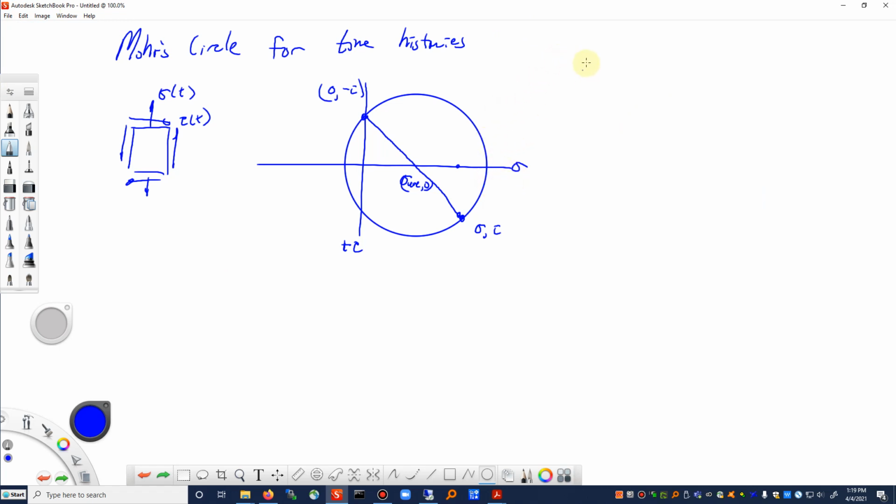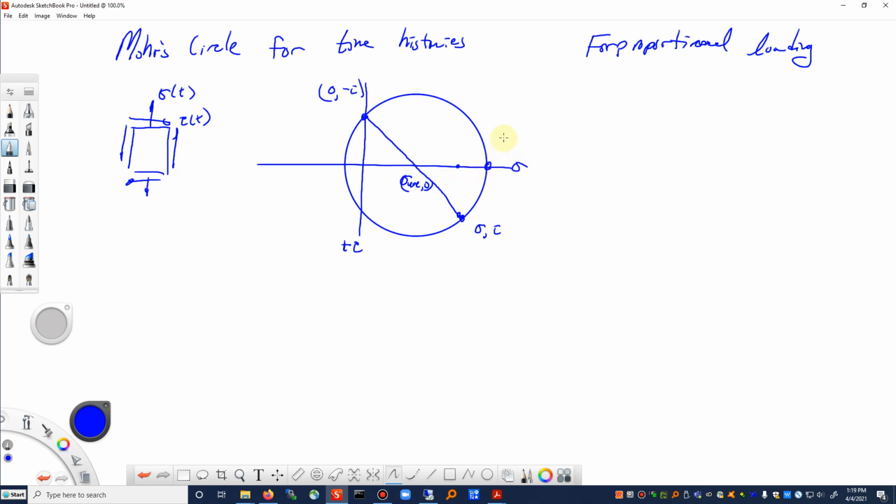Now for proportional loading, the principal axes, the principal directions of stress remain unchanged.